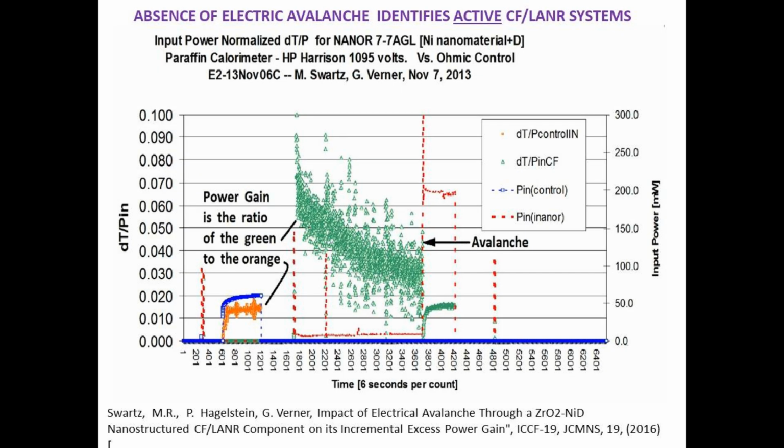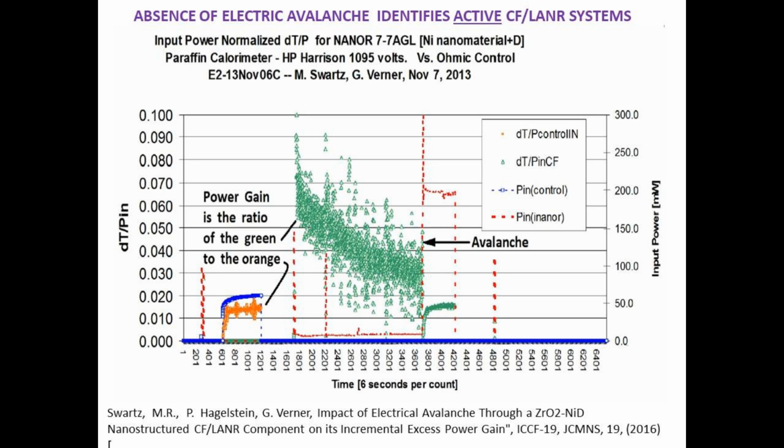This slide shows the rise in temperature divided by input power for an ohmic control on the left and for a LANR type component on the right. You can see that for the LANR type component there are two driven states. At the beginning, there is a lot of excess power that we can see.